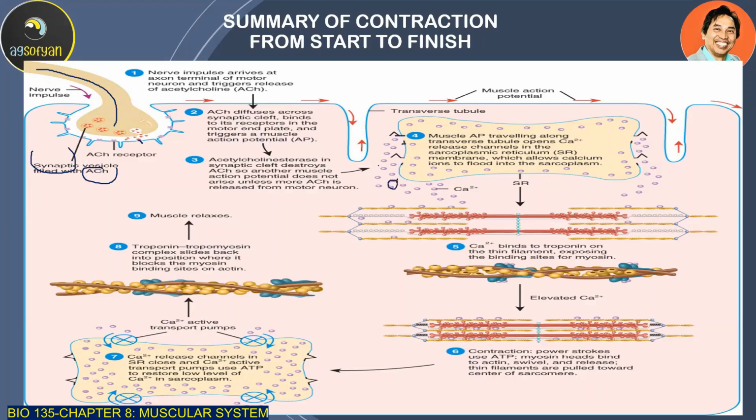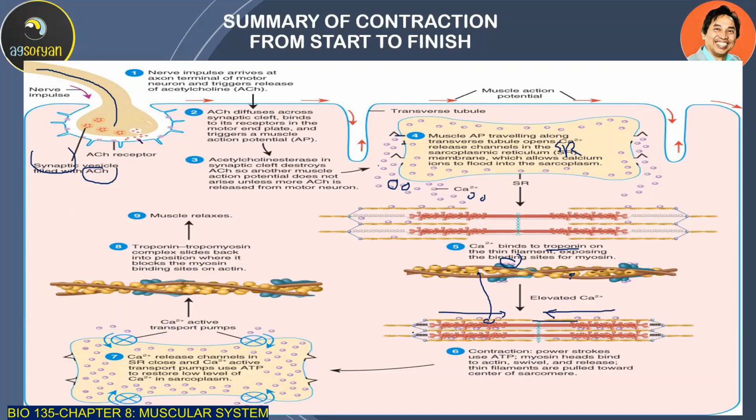So calcium will be released from the SR into this space. It binds to the troponin over here. It will make the troponin open the binding site. When it is open, the myosin head will bind to this binding site. If there is ATP, then it will pull the actin into the middle.